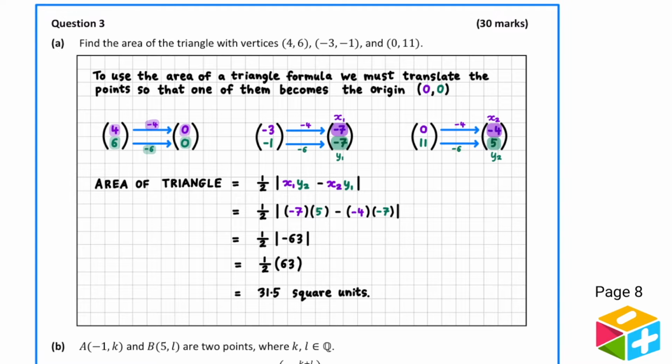To find the absolute value of a number, we turn it into its positive version. So the absolute value of minus 63 is plus 63. A half times 63 is 31.5, so the final answer for the area of the triangle is 31.5 square units.